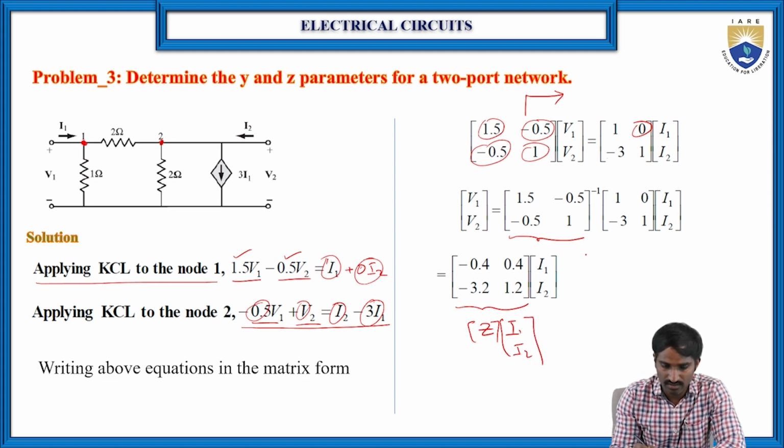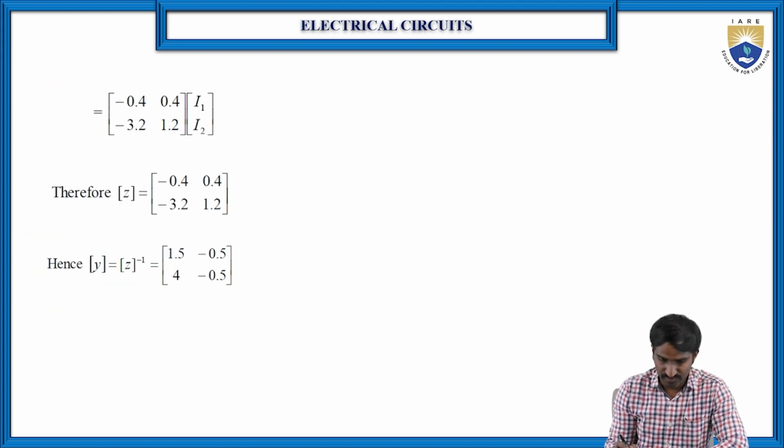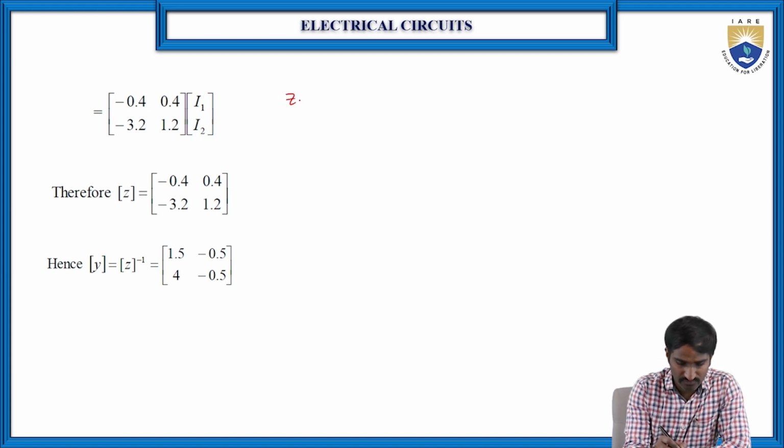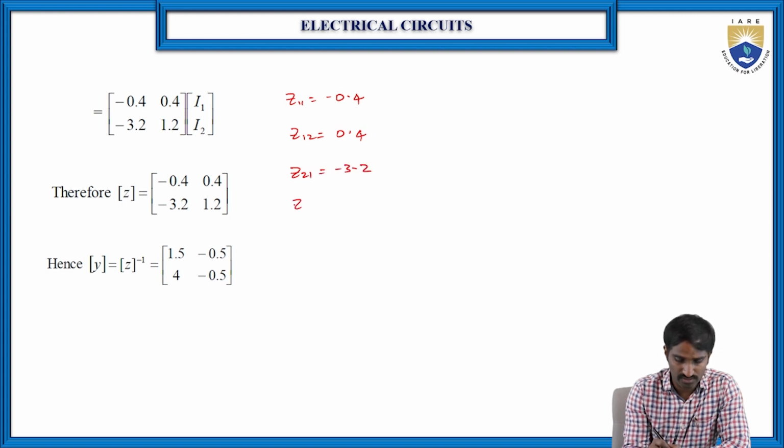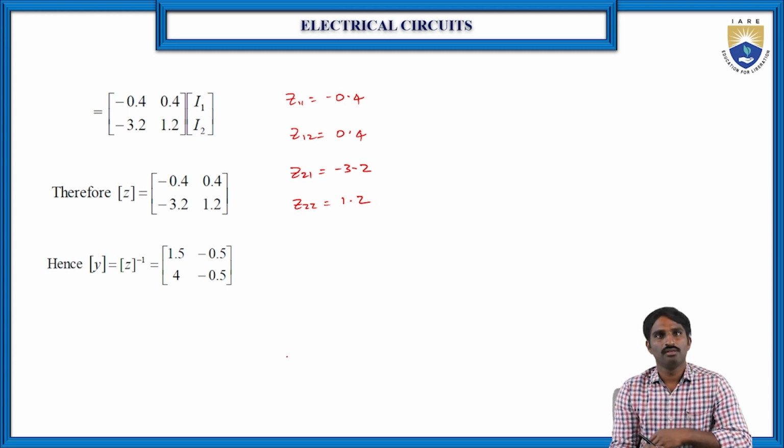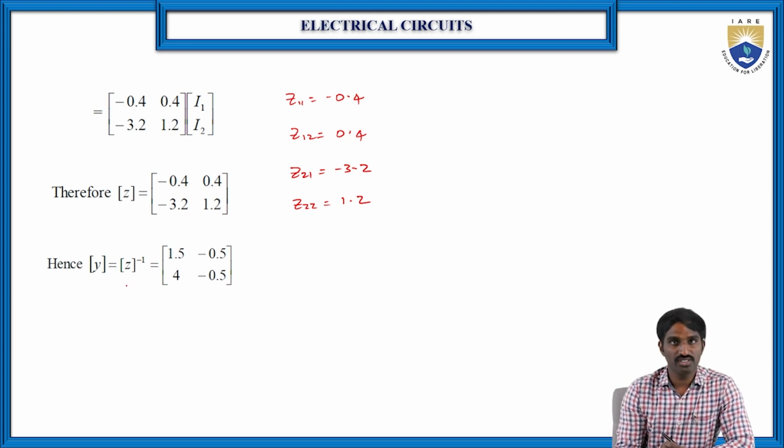So Z11 is equal to minus 0.4, Z12 is equal to 0.4, Z21 is equal to minus 3.2, and Z22 is equal to 1.2, right?